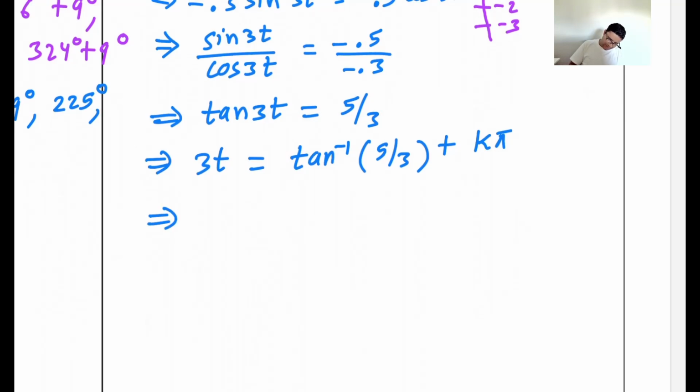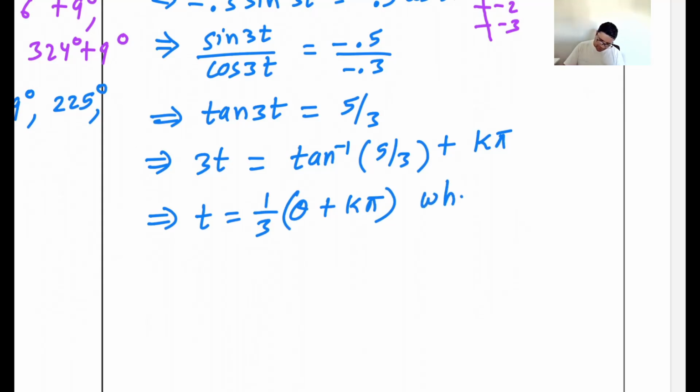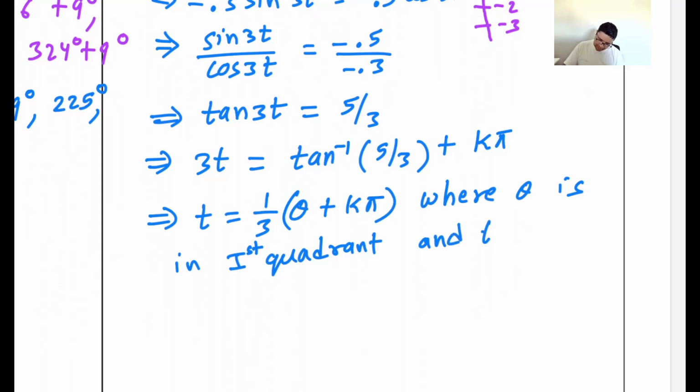This implies t equals 1/3 theta, I'll call that angle theta, plus k pi, where theta is in the first quadrant and tan theta is 5 over 3.